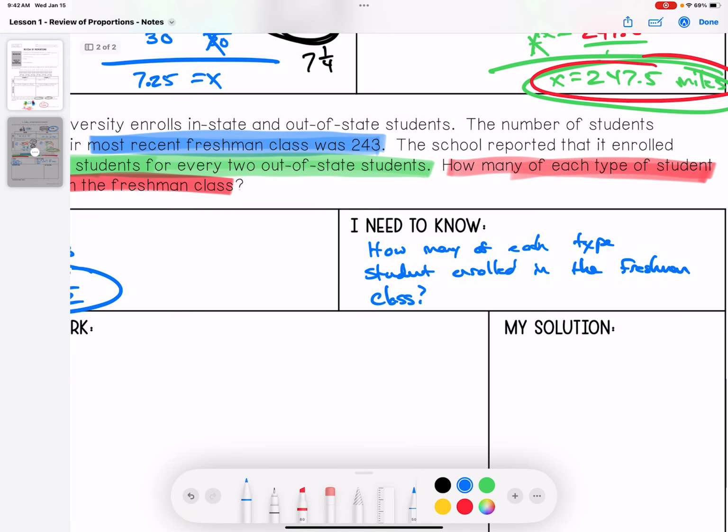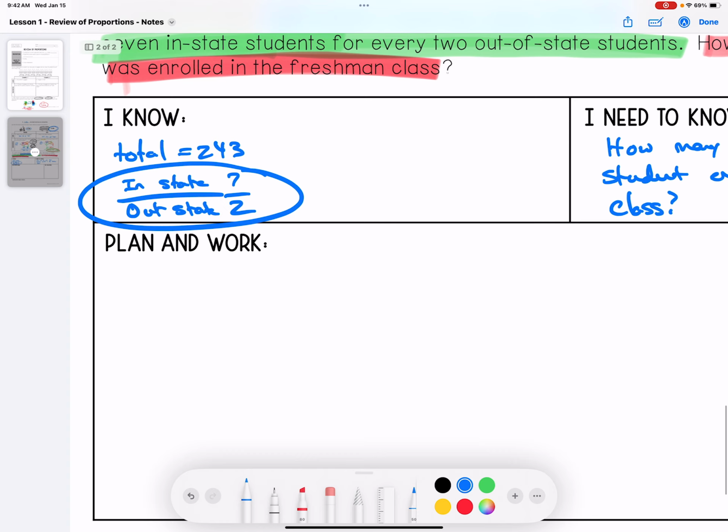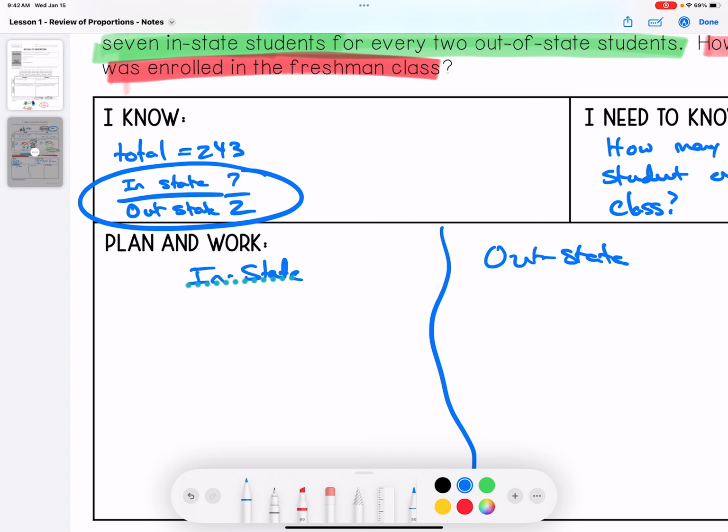All right. Plan and work. So we're going to do in-state kids here, and then over here, we're going to do out-of-state. We need to know the total amount of kids. So we really got to think about this.